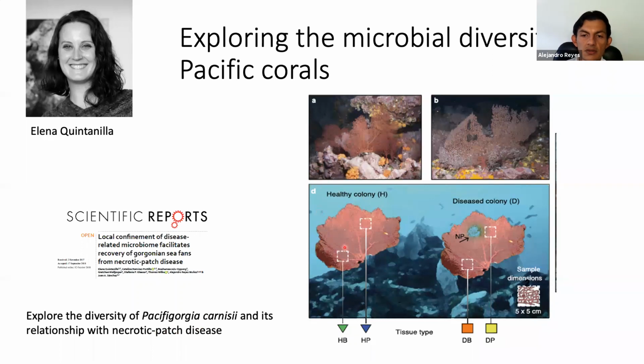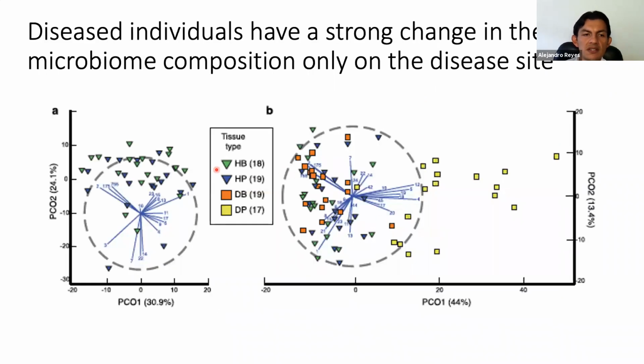So we wanted to characterize the microbiome of healthy individuals in two different sections, and of diseased individuals in a healthy patch and in a patch very close to the necrotic patch. What we can see in terms of the shared diversity is that when we look at all the healthy individuals, the diversity is conserved.